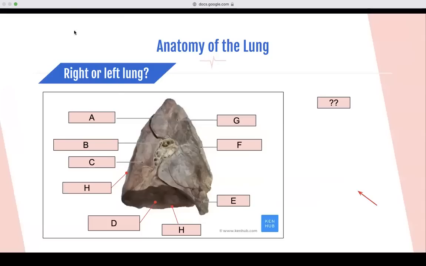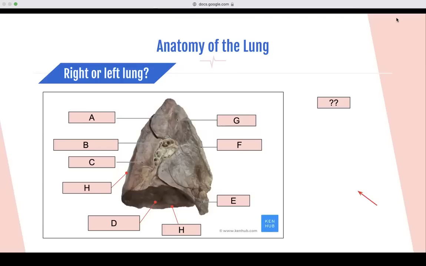Okay, now is this the right or left lung? Left. Yeah, and how did you know? First, because of the lingula, and also the organization of the vessels. I think for the left lung it was bronchus first, or was that the right?